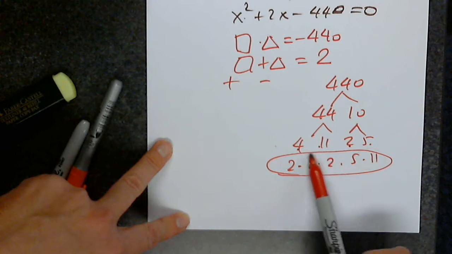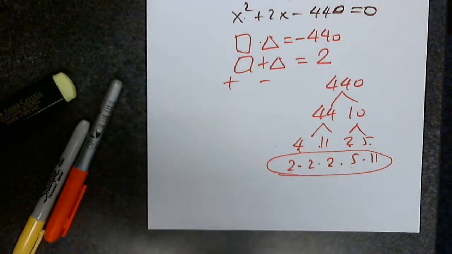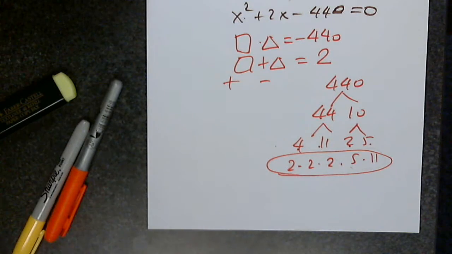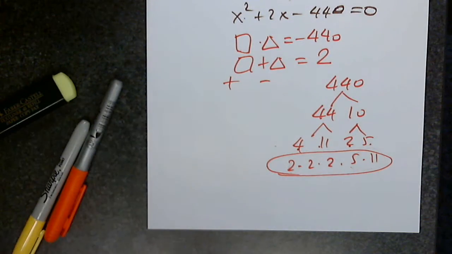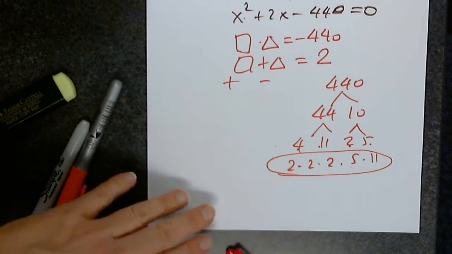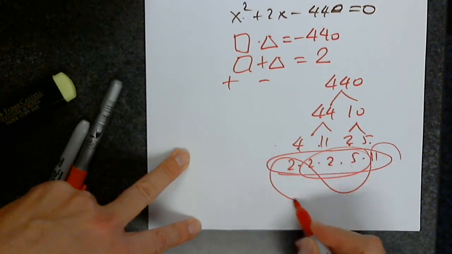But 55 times 8, I will not have a sum of 2. They have to be very balanced, very close. One cannot be 100, the other one cannot be 4, because their sum will be 96. They have to be very close to each other. 20 and 22. Exactly. 20 and 22.